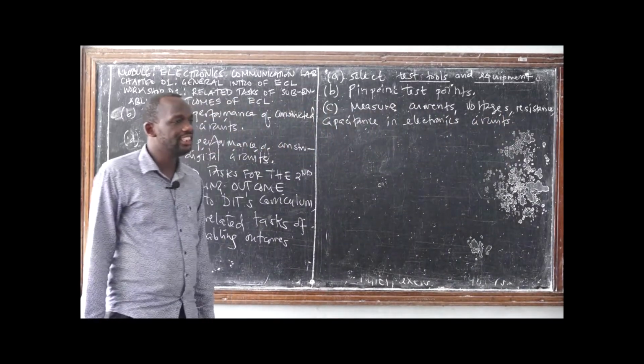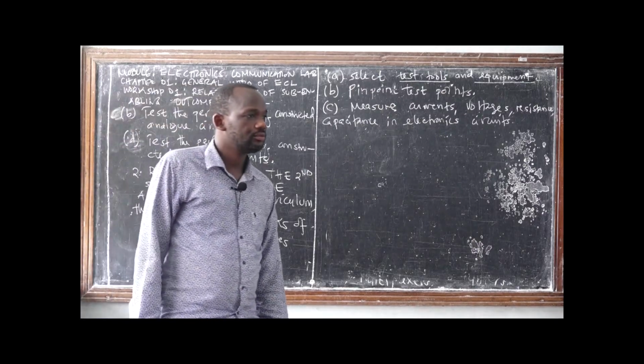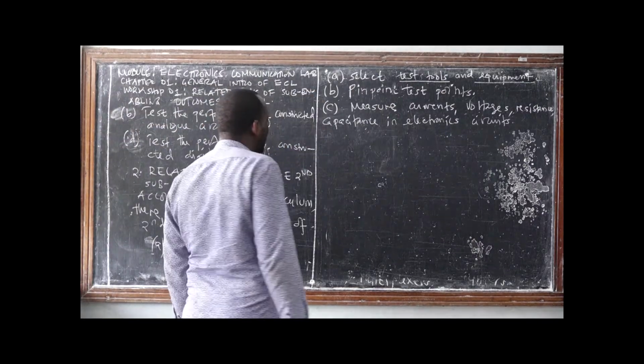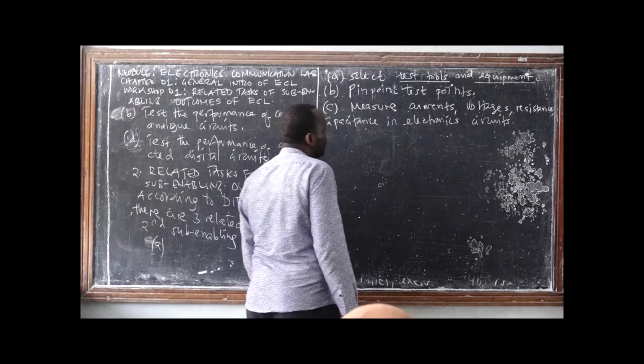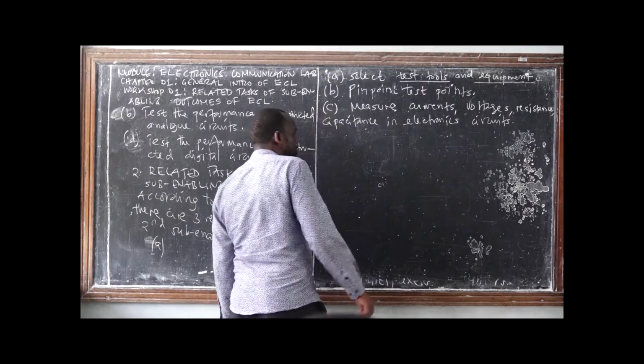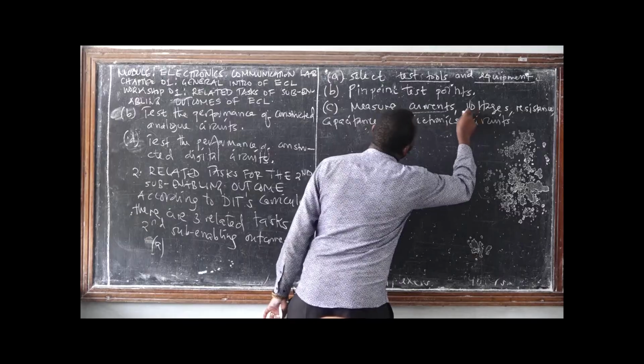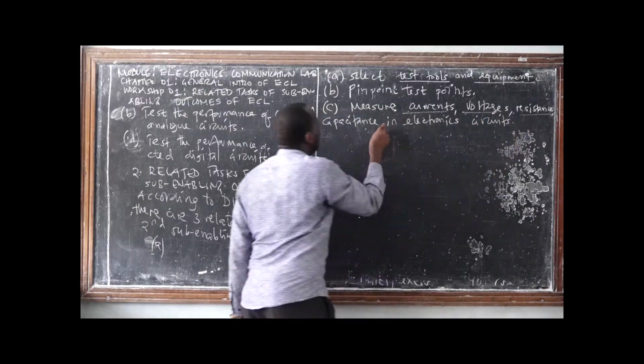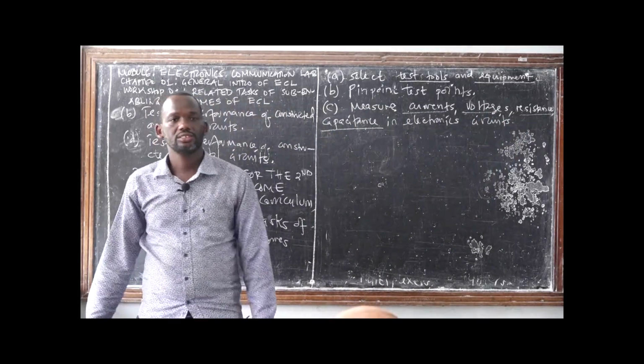So this is the third related task. A student should be able to measure currents, voltage, resistance, capacitance, and what else in electronic circuits.